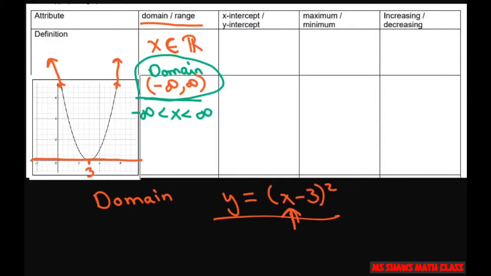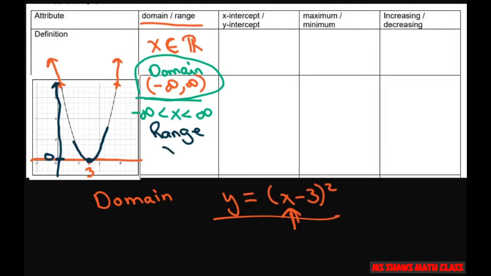Okay, for the range, looking at the graph, a lot of times when you get into higher and higher math, the only way you can find the range is to actually look at the graph. Not always, but a lot of times. So we notice that on the range, when you're looking at the y-axis here, we're starting at 0.